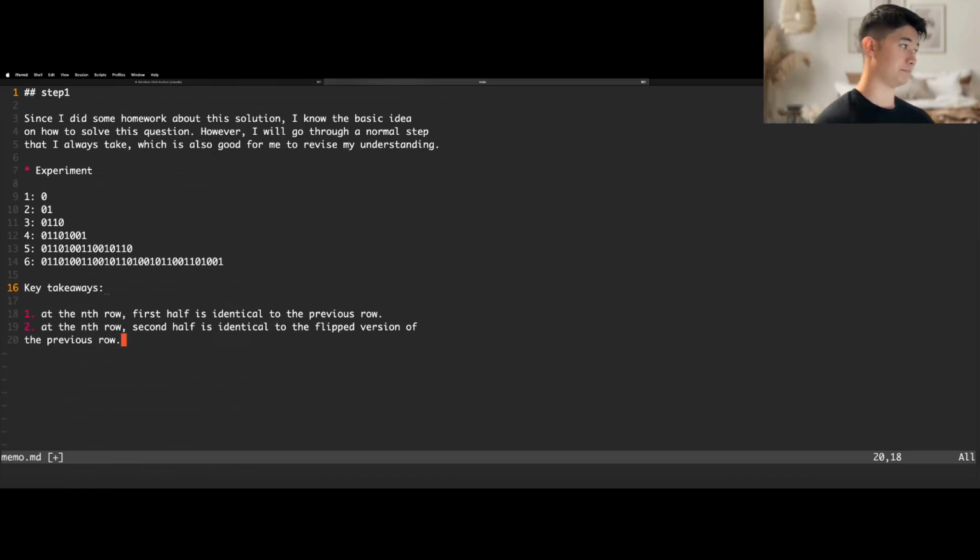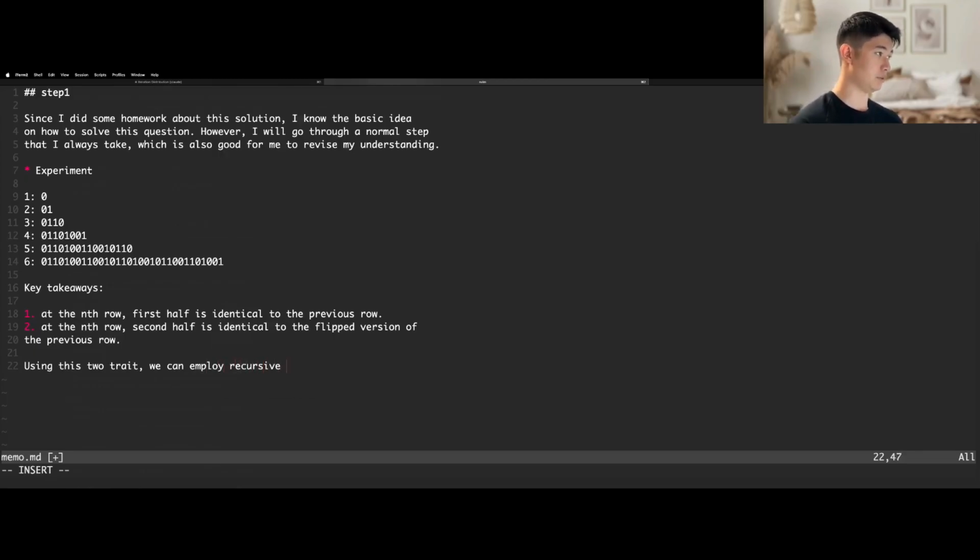So using this trait, we can employ a recursive approach to get the value that we want.